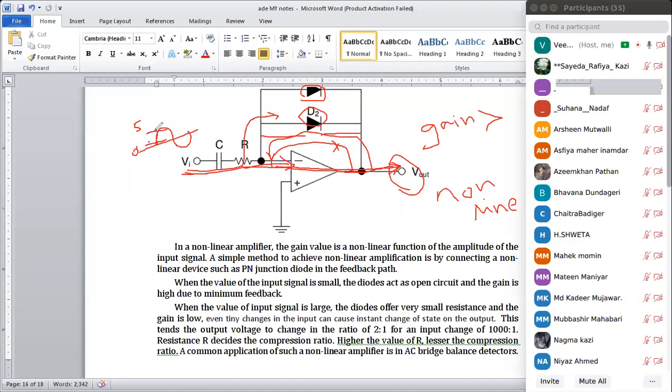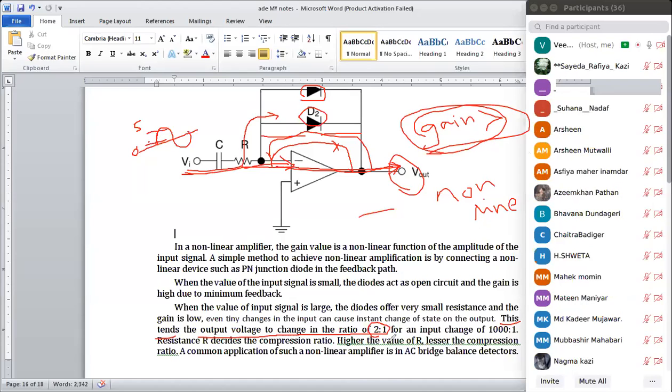If I go from 0 to 5 volts, the gain goes very much higher than that. So this tends the output voltage to change in the ratio of 2 is to 1 for an input change of 1000 is to 1.